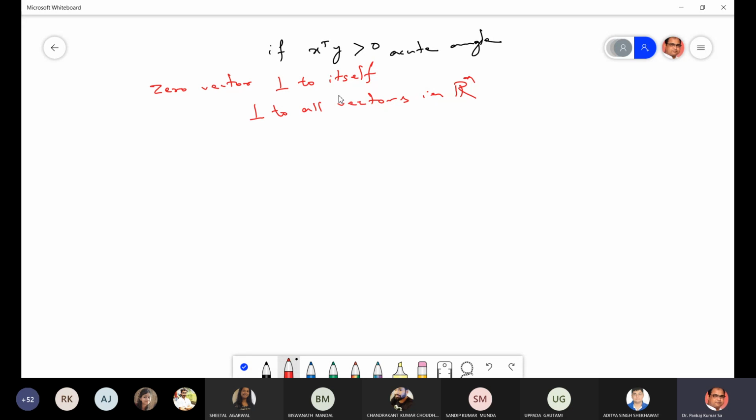Few more things that we must know: when do we call the vectors linearly independent?